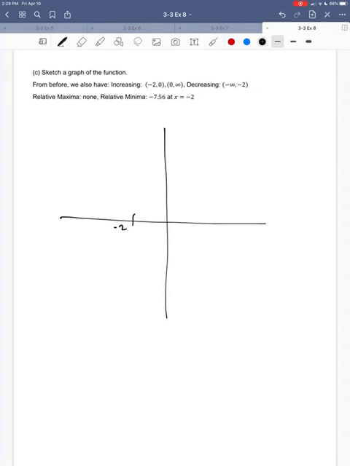And it was concave up to 0, and then we have an inflection point at x equals 4. So we've got that this function is decreasing from negative infinity to negative 2, and my point down here at negative 2 has a y-coordinate that's approximately negative 7.56. So somewhere a little above negative 8.